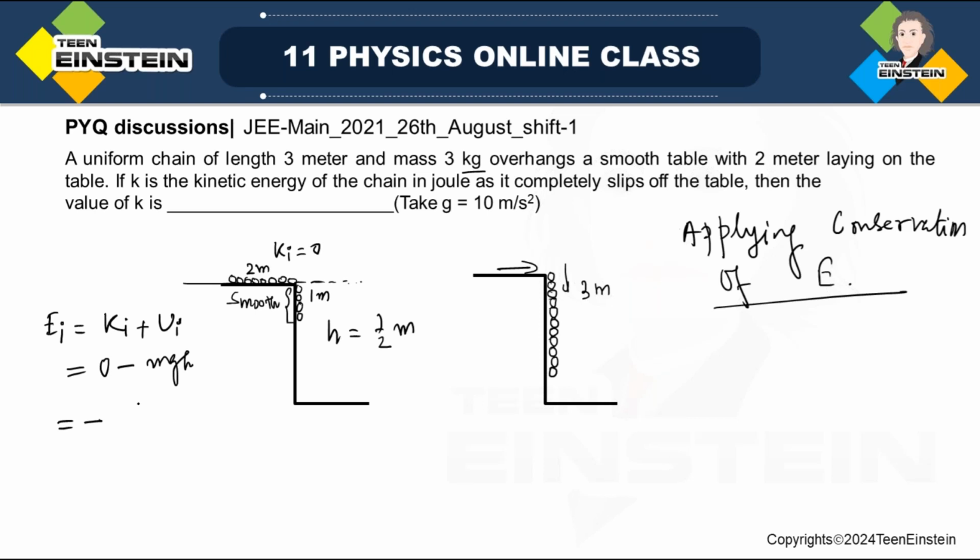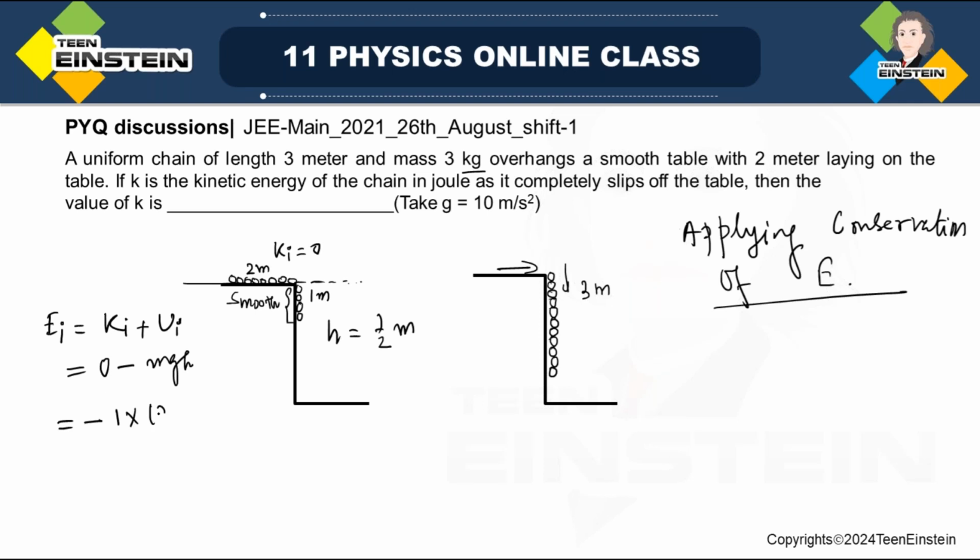The mass m will be 1 kg only, because 2 is to 1, the uniform one. Uniform chain, so mass per unit length will be 3/3 into 1, so it will be 1 kg only. g you have to take as 10, so I can write 10 here.